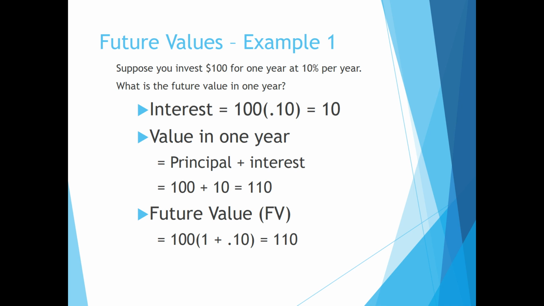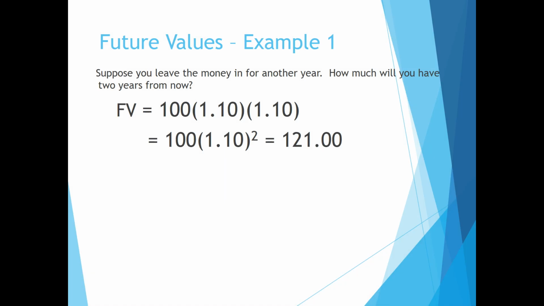If you use the future value formula, 100 times 1 plus 10% raised to the 1, you're still going to have $110. But what if you hold that amount in the bank or wherever you have it for another year? In this case, you would have $121 if you're receiving compounded interest.